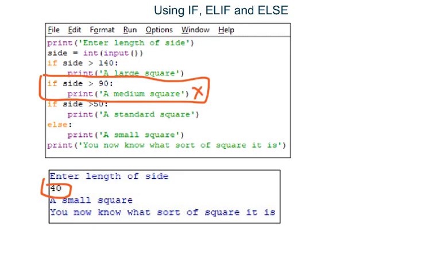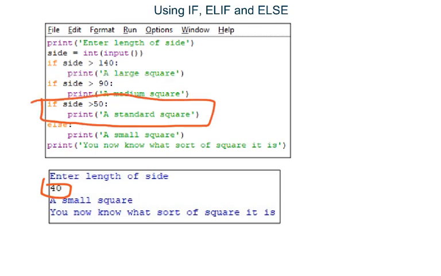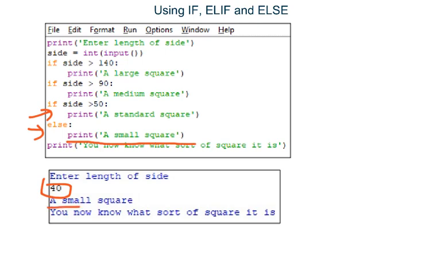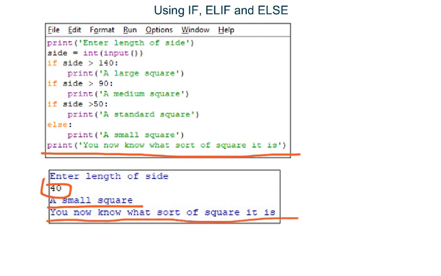It doesn't output a medium square. The program then checks if what is in variable side is bigger than 50. It's not. 40 is not bigger than 50, so it does not output the line of code a standard square. Because it has not done this if, it must do this else, so it outputs the line of code a small square, followed by the line of code that is not indented at all. You now know what sort of square it is.